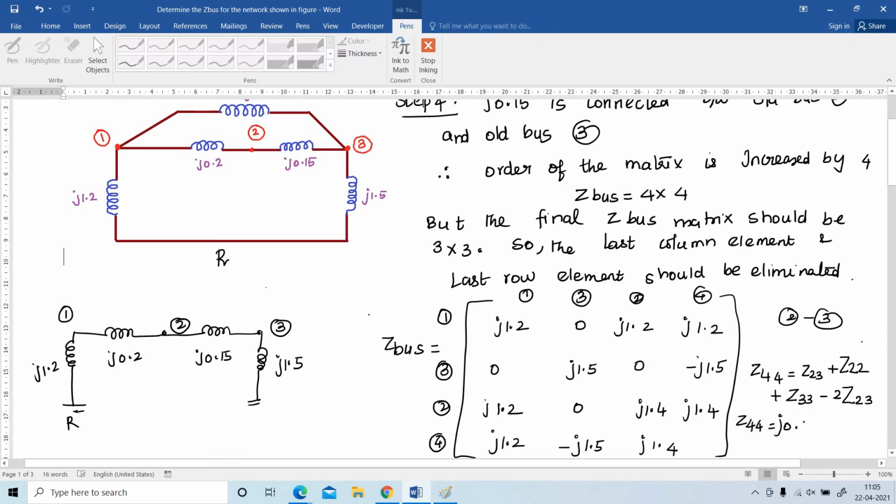That is J0.15. What is Z22? Z22 is this one, J1.4. And what is Z33? Here this is Z33, J1.5, minus 2 into Z23, where Z23 is equal to 0.